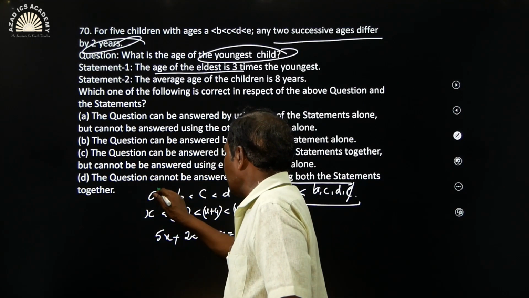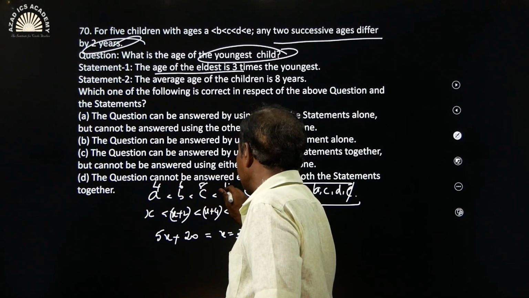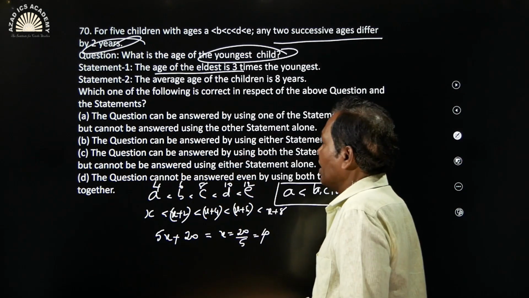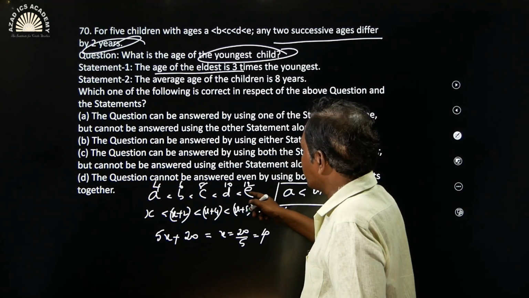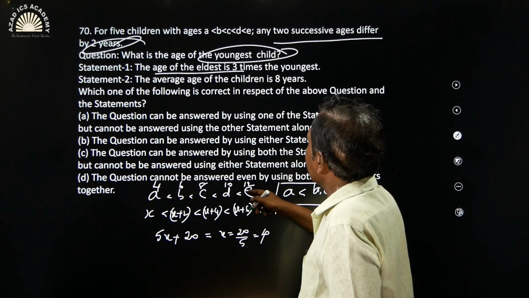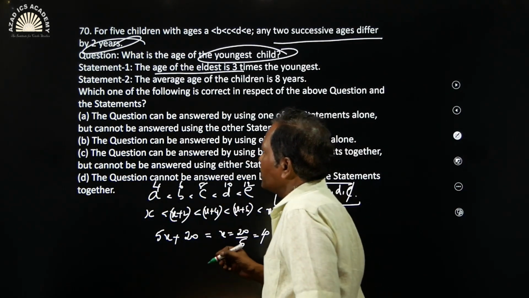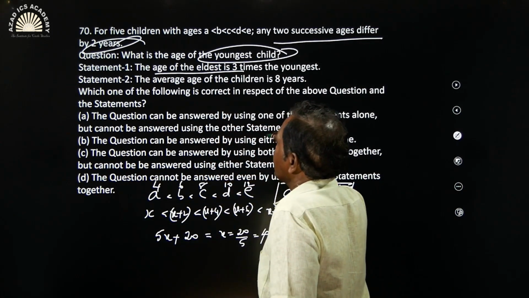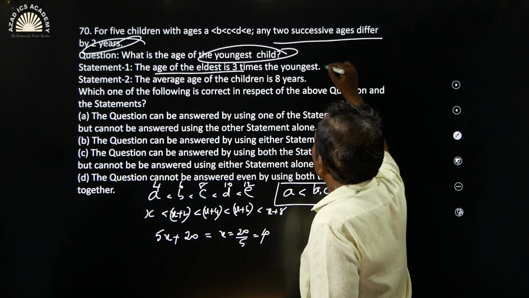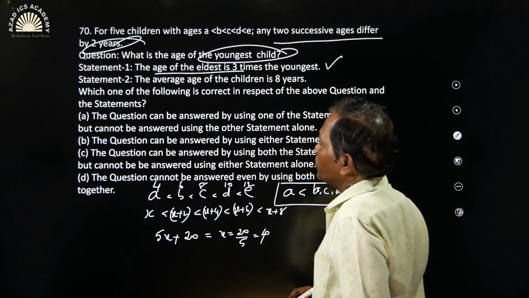So let us say X value is 4. This is 6, this is 8, this is 10, this is 12. Definitely you will get that. So he says the eldest child, 12 years, is 3 times the youngest. Definitely statement 1 alone gives the answer. Yeah, this is right. Statement 1 alone is sufficient to answer the question.